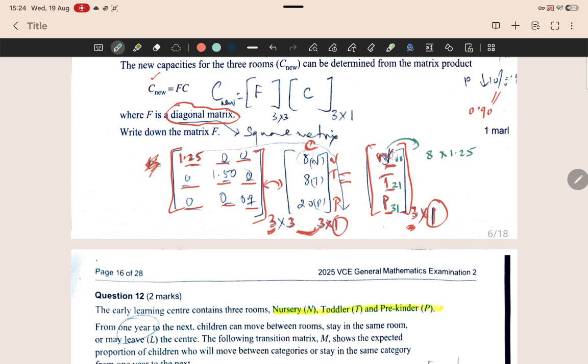Which means when I multiply the first row into the first column, that is the only calculation I want. So this first row into the first column should be 8 times 1.25 and nothing else. So 8 is sitting here in its first position, so the first position should be 1.25, and if the other numbers do not multiply any other number, the other numbers should be 0.